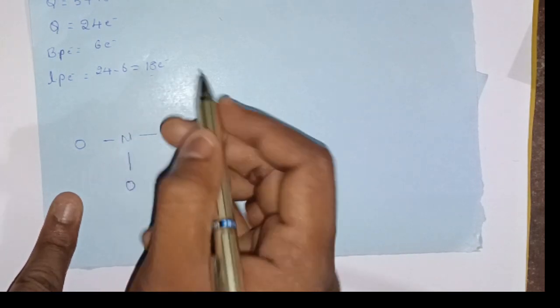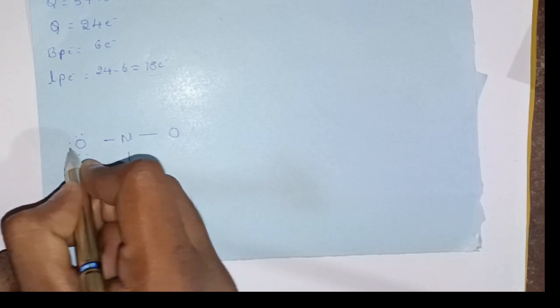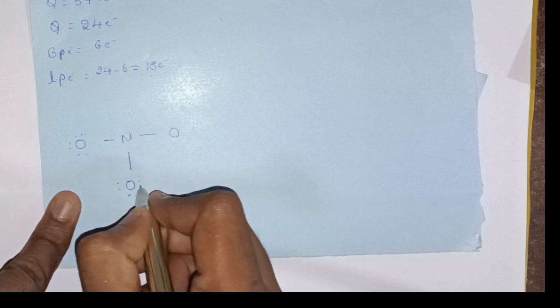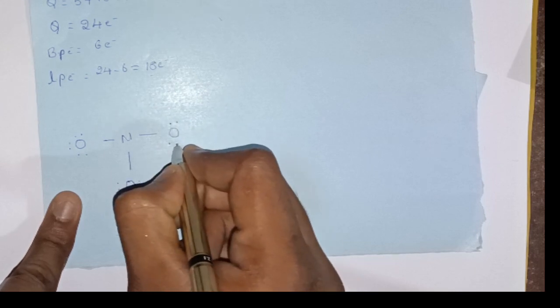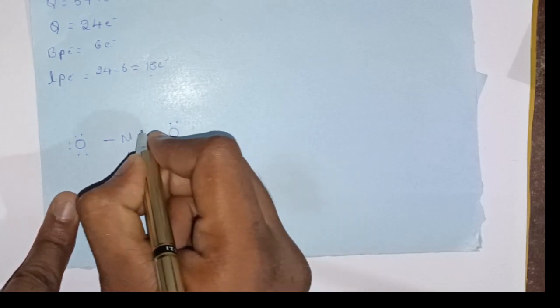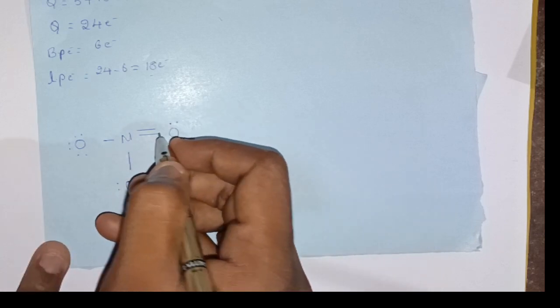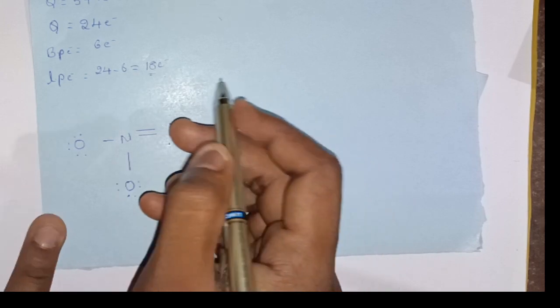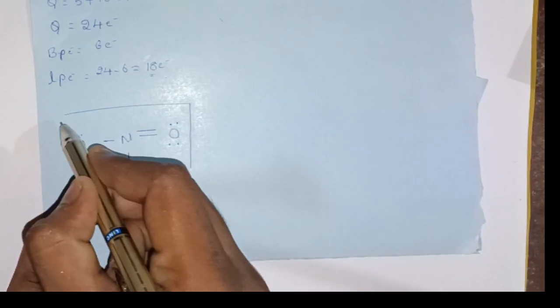We have to write 18 electrons: 2, 4, 6, 8, 10, 12, 14, 16, 18. So we have completed 18 electrons. This is the structure of the NO3 minus ion.